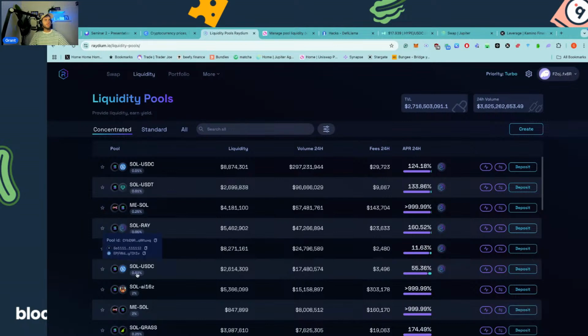There's also a 0.2% pool here. So basically what you want to look at is what's the APR. This is probably half, because what's going to happen here is Jupiter's going to route it through the best price pool, and so it's going to go to USDC 0.01%.